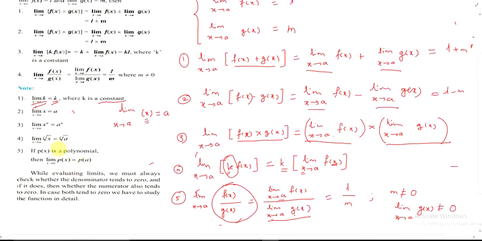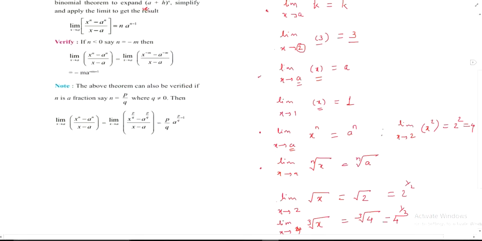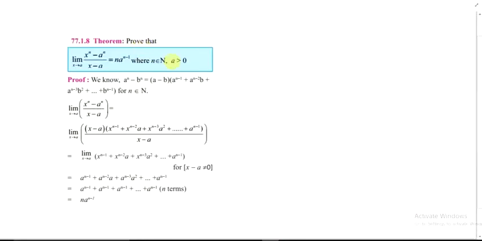And the last one is that if p of x is a polynomial, then the limit as x tends to a of p of x is equal to p of a. If you remember, we just solved one example. A polynomial means, for example, if f of x is equal to 2x plus 3, it is also a polynomial, but in linear form.